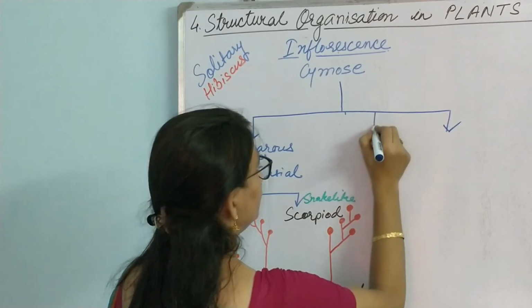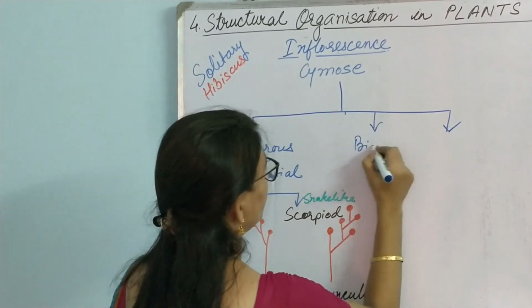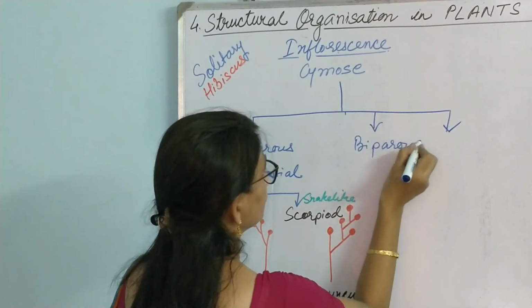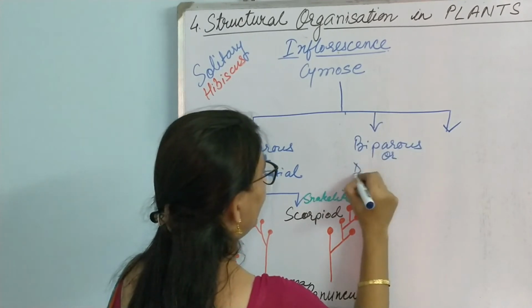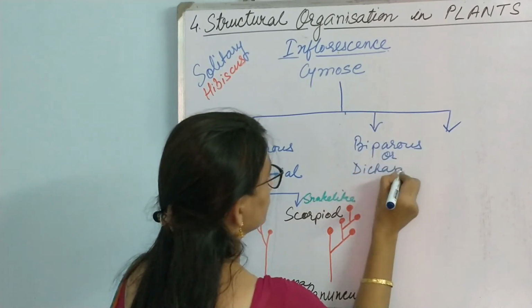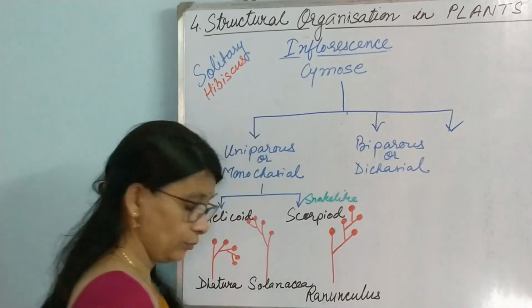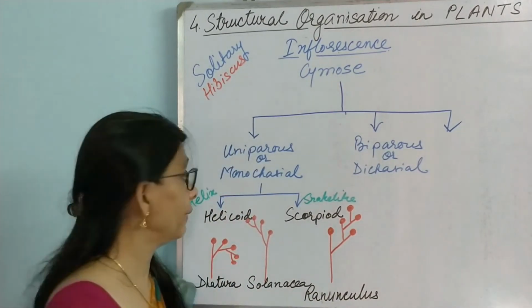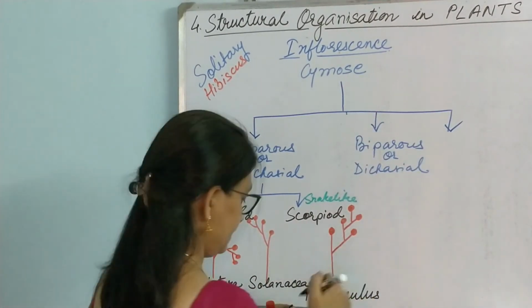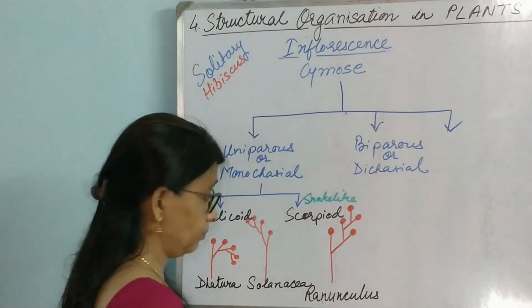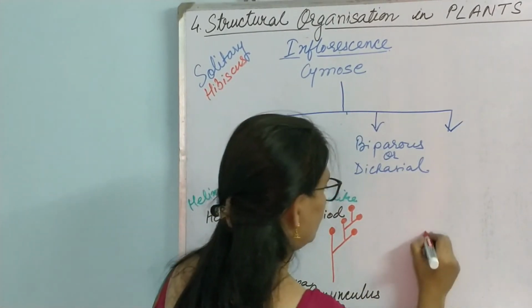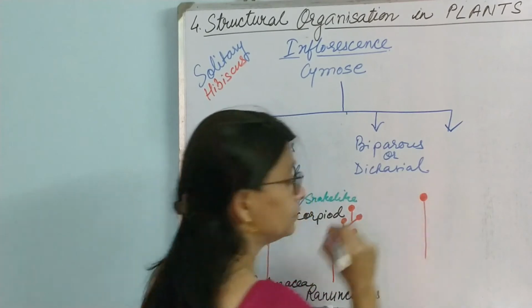Now the next one is biparous, or dichasial. Let's draw it a little here. From uniparous we can have an idea what biparous is. Suppose this is a branch which ends in a flower.